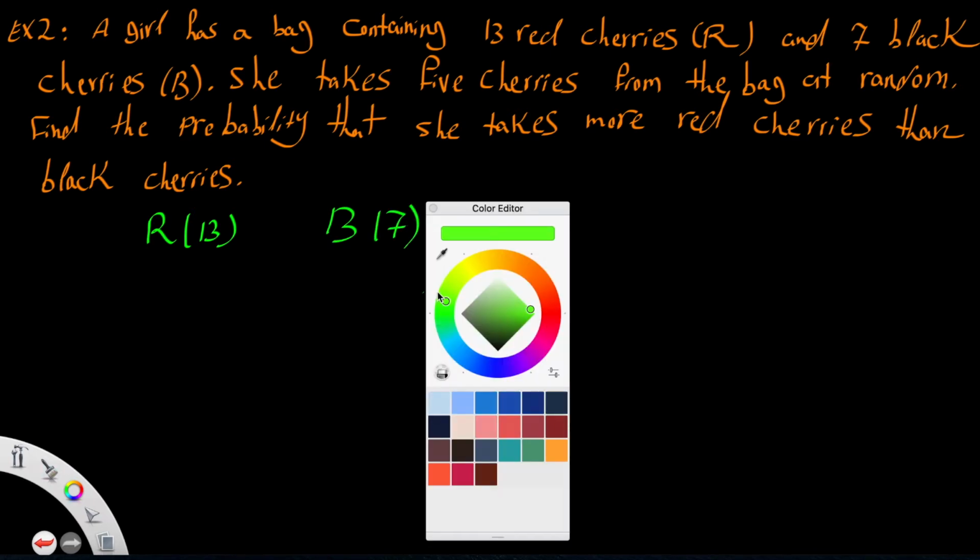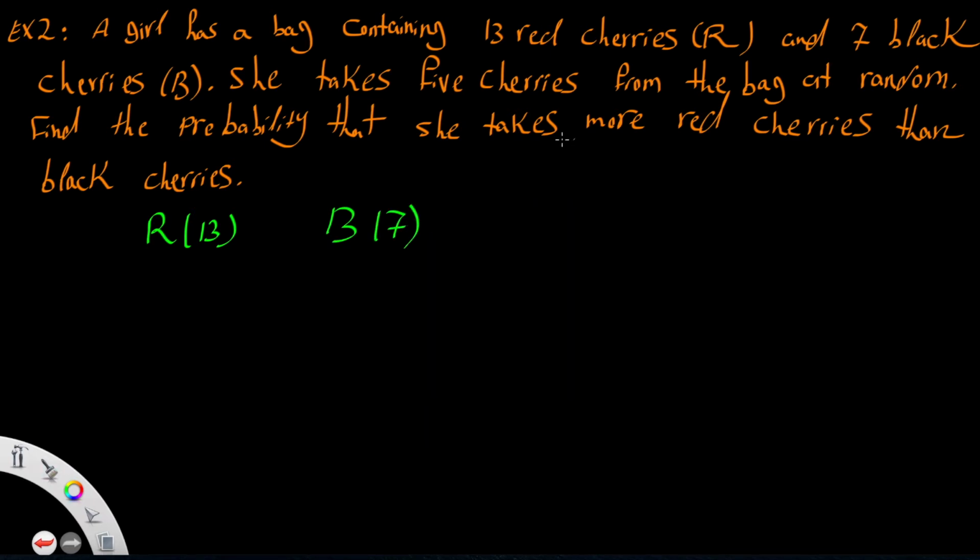Now the question says she takes more red cherries than black cherries, and 5 cherries from the bag are going to be taken. So the number of cherries taken from the bag is 5, and the number of red cherries is going to be more than black cherries.